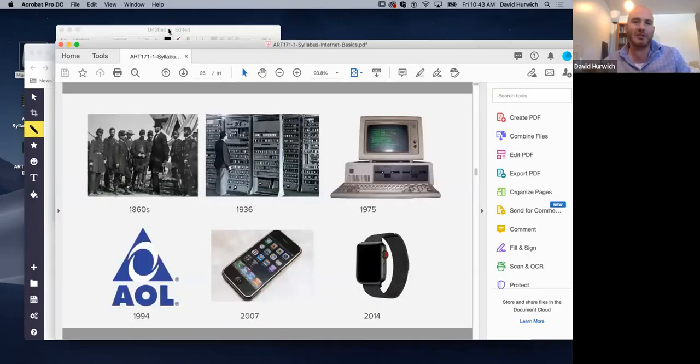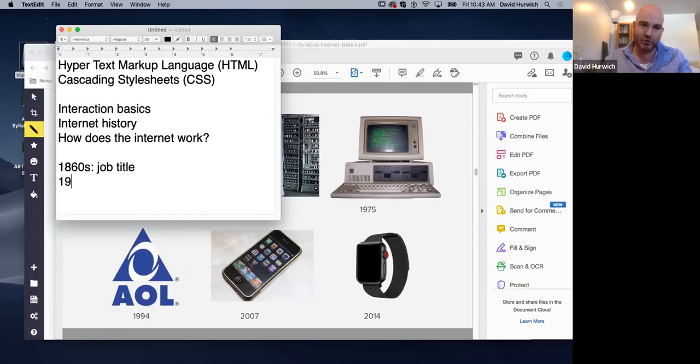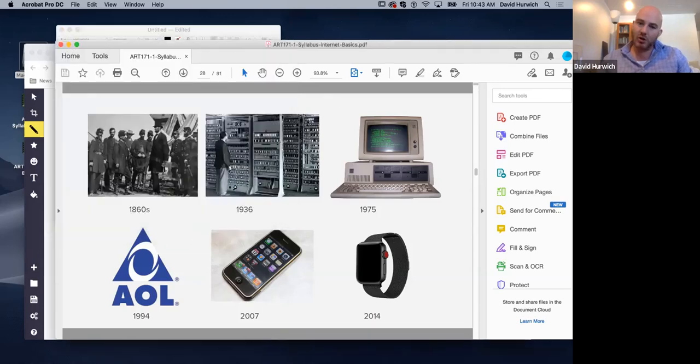It really wasn't until about the 1920s that a computer meant a device, a physical, non-human device. So in the 1920s, we had the first computer. Computers were extremely large. When I say extremely large, I mean they were literally the size of a room.